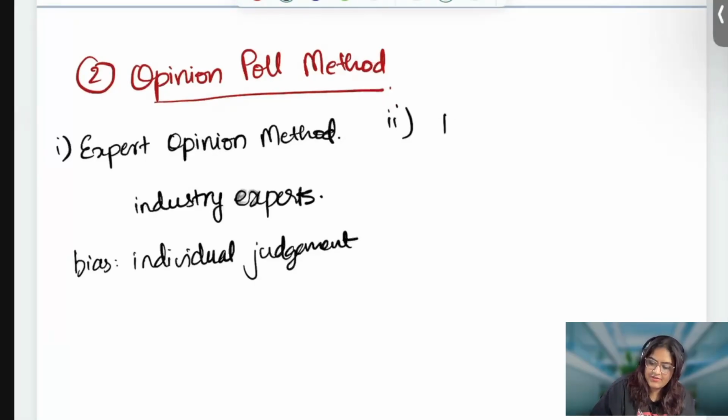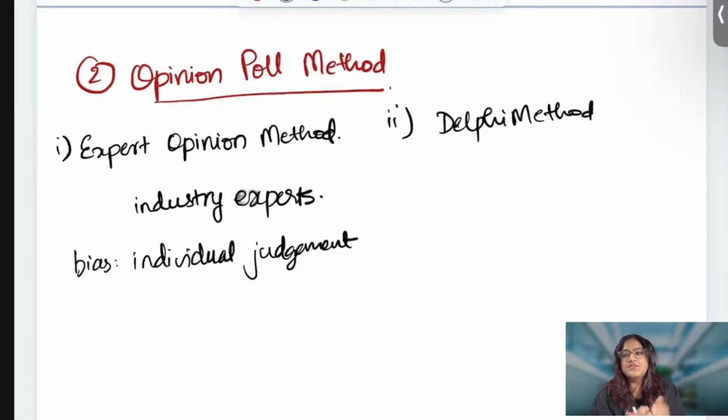The second one is the Delphi method. The Delphi method improves the expert opinion approach. In the expert opinion method, we are directly taking one individual expert's opinion about the future demand. But when it comes to the Delphi method, we integrate the expert opinions. We bring all the experts' opinions, and instead of asking one person, we consult a panel of experts.